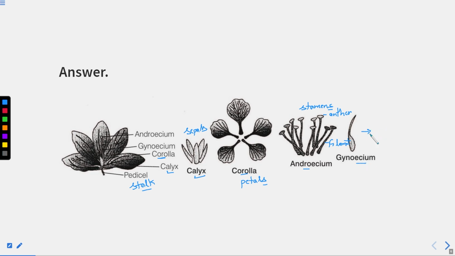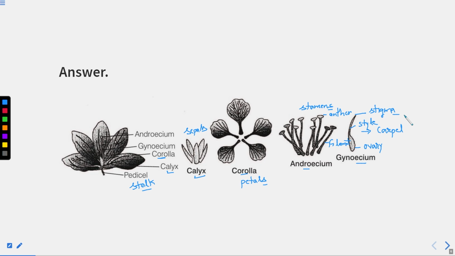This is the carpel, and it is made up of ovary, style, and stigma. This is the ovary, this one is the style, which is nothing but a tube, and the uppermost region is known as stigma, which is the receptive part. It receives the pollen grains.